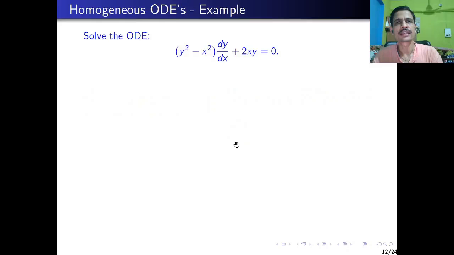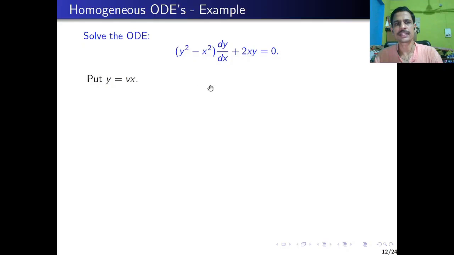Now we'll see an example. This particular example is a homogeneous ODE. We had checked that in this case both M(x, y) and N(x, y) are homogeneous of degree 2. So we know the method. Here we have to substitute y by vx.